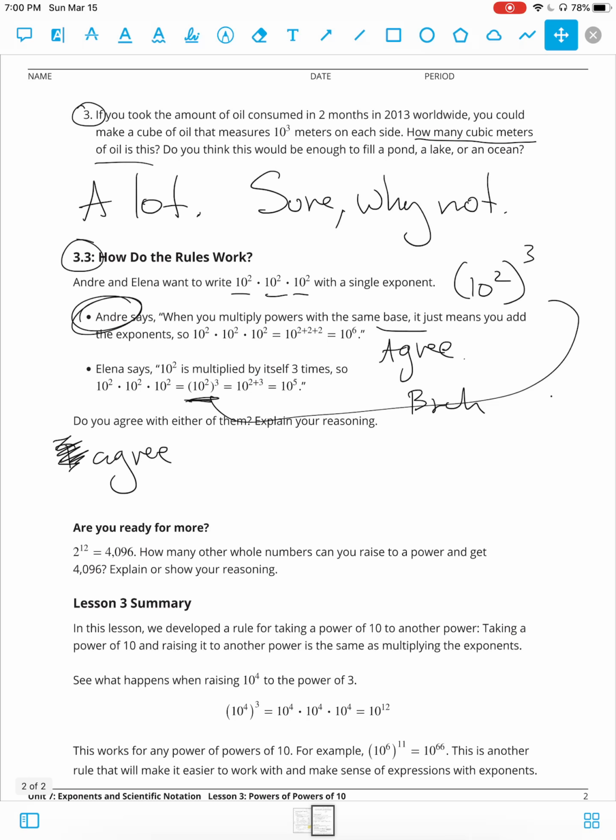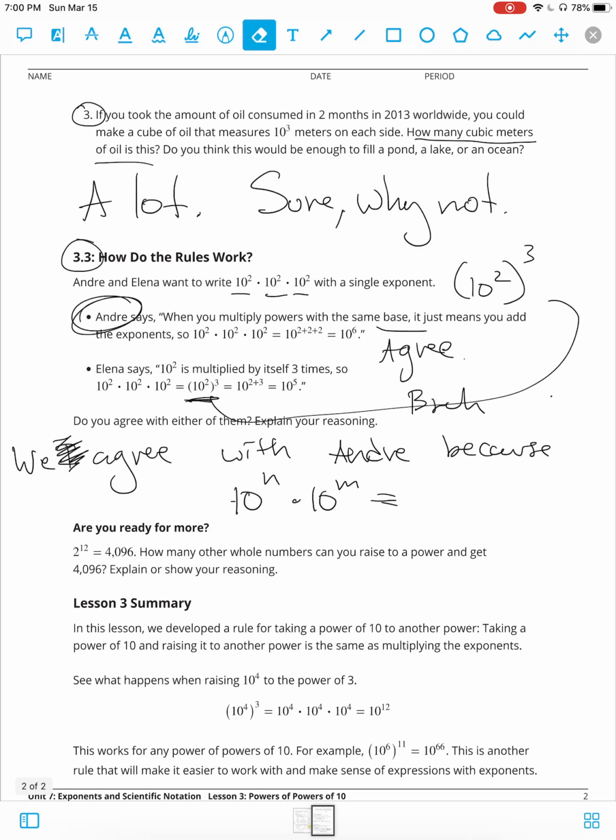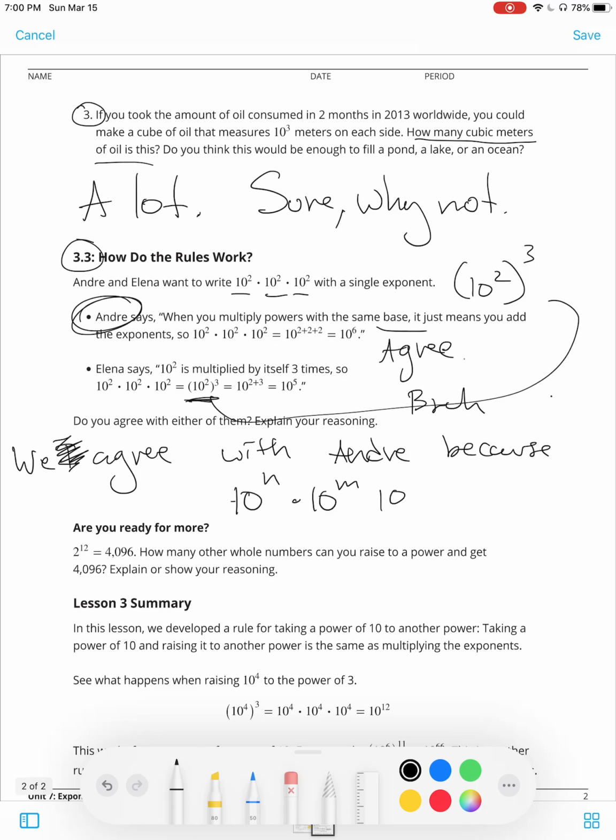We collectively agree with Andre because, and we know this from the last lesson, 10 to the n times 10 to the m, what do we do? We add the exponents.